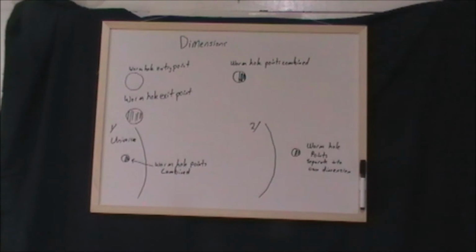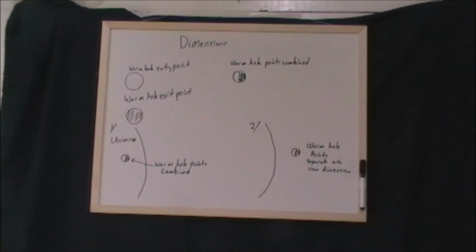It's where God or Jesus or one of their descendants or someone uses wormhole element and influences it with gravity and other forces in order to produce a wormhole exit point and entry point combined, producing a dimension.